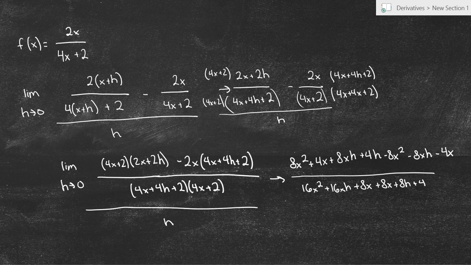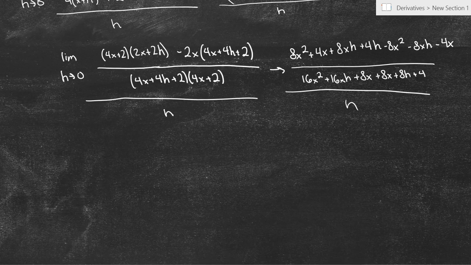So I just factored everything and we still have everything divided by h. And now let's try to combine like terms and cancel things if we can. So looking at this top, I see 8x squared, then I see minus 8x squared, plus 8xh minus 8xh, minus 4x plus 4x.